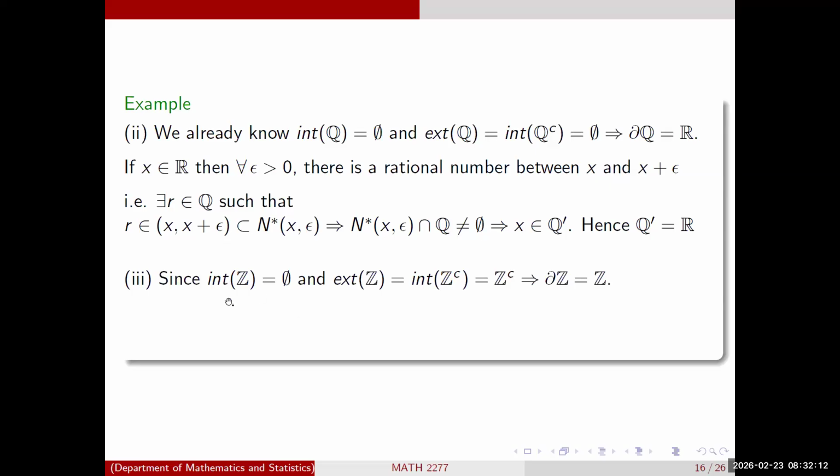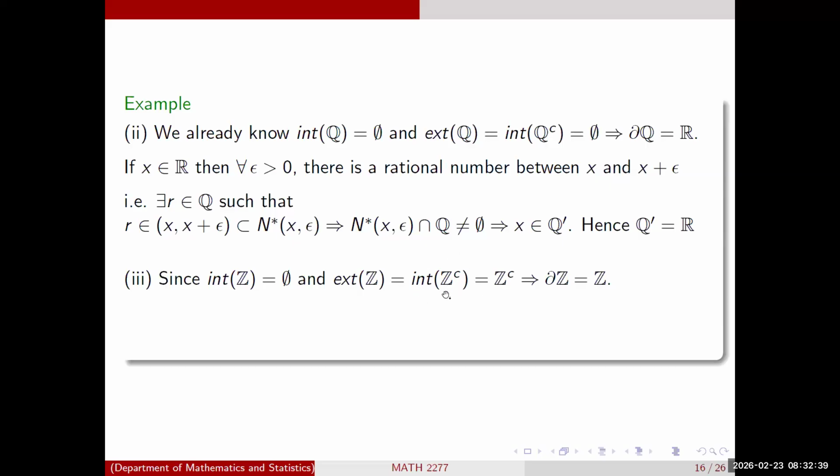Okay, so what about the integers? Well, we know from studying open sets that the interior of the integers is empty. And the exterior of the integers is just the interior of the integer complement. We already know that Z complement is an open set, and the interior of an open set is itself.